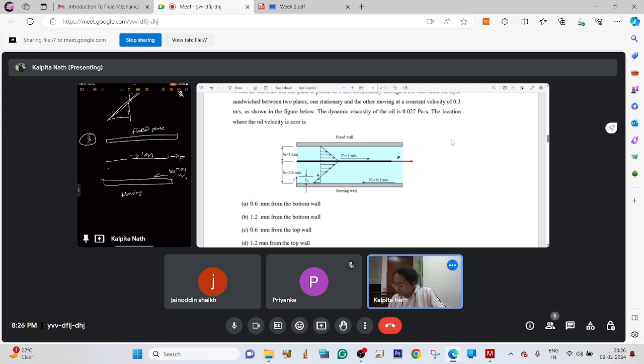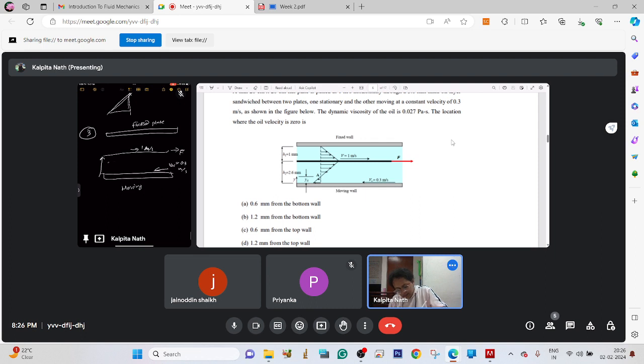This height is given as 2.6 mm and this is given as 1 mm, so in total 3.6 mm.